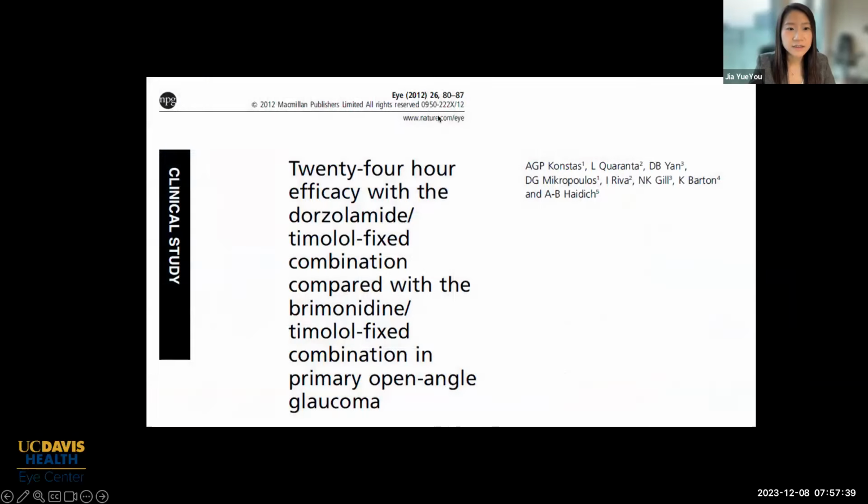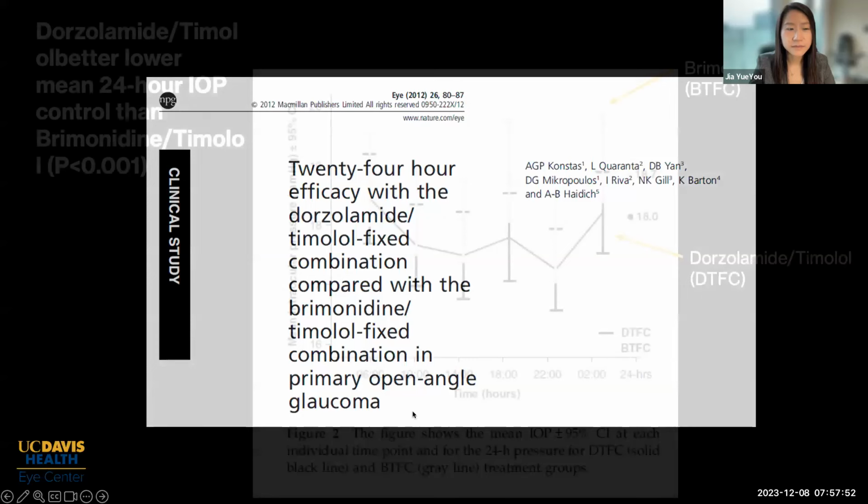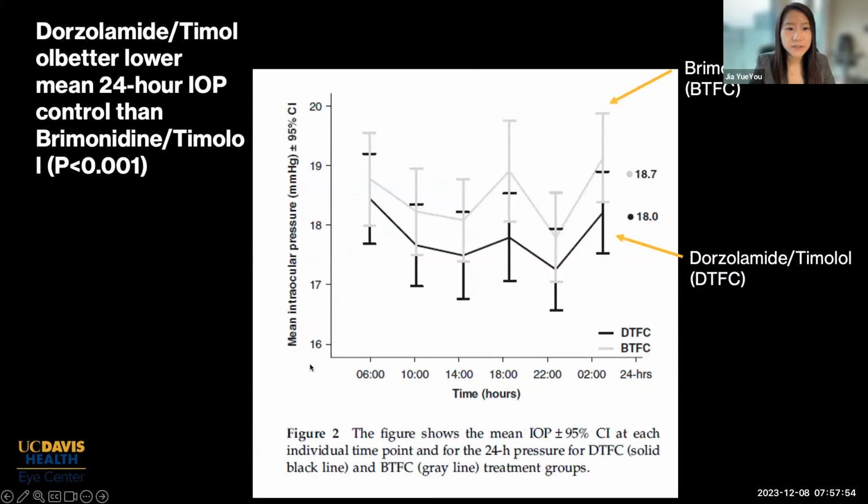There's a nice study that looked at exactly this issue. We have 24 hours of efficacy with dorzolamide timolol compared to brimonidine timolol in primary open-angle glaucoma. We see on the graph the mean intraocular pressure on the y-axis, and on the x-axis, the time over 24 hours.